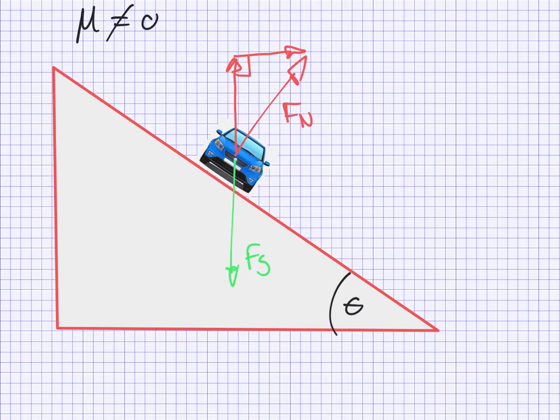And that's a right angle triangle, and we'll call this Fn sine theta, since this angle here is equal to that black angle labeled there. And this is Fn cosine theta.